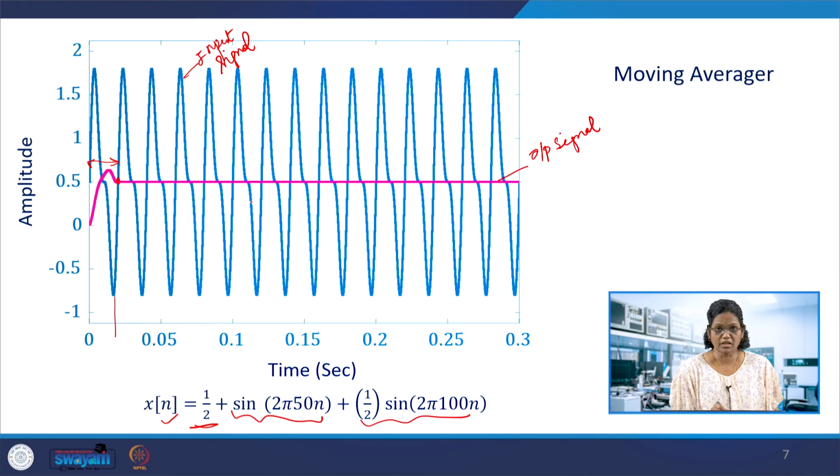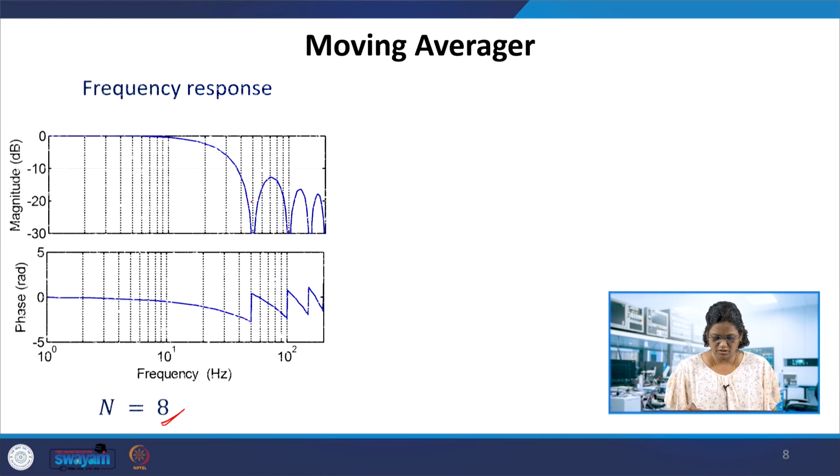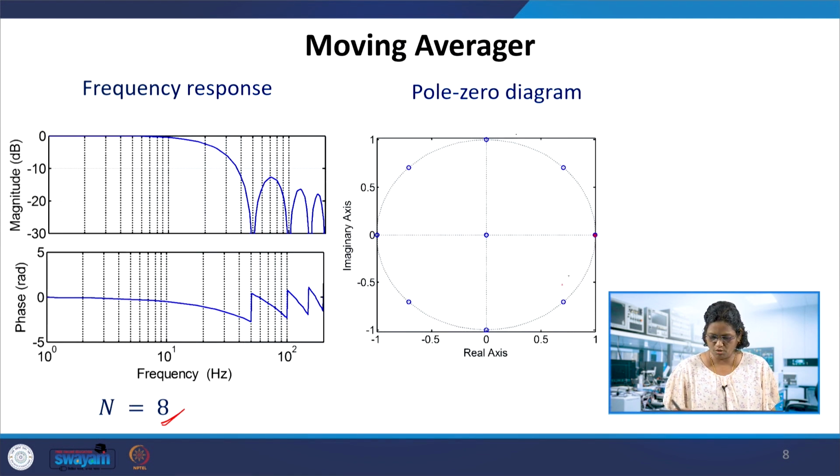Plotting 64 zeros would be too clumsy, so for clarity N equal to 8 is taken. We have the zeros placed on the unit circle equidistantly. You can see 1, 2, 3, 4, 5, 6, 7, 8. And then the pole, which is 1 minus z power minus 1 in the denominator of the moving averager, cancels this zero and extracts only DC.